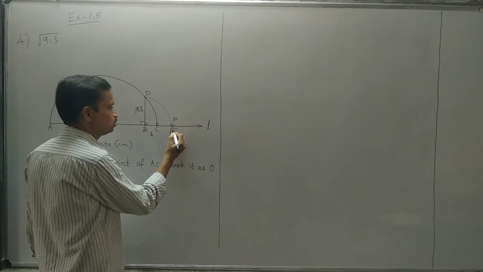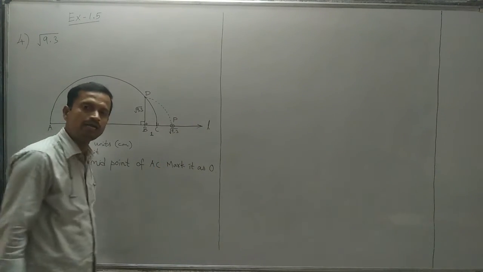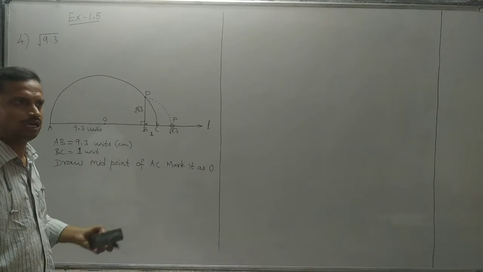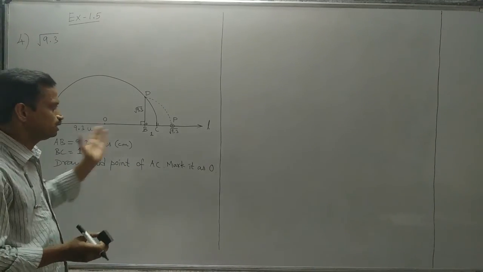This is root 9.3 on the number line. Yeah, this is the way to locate the square root of a decimal on the number line.